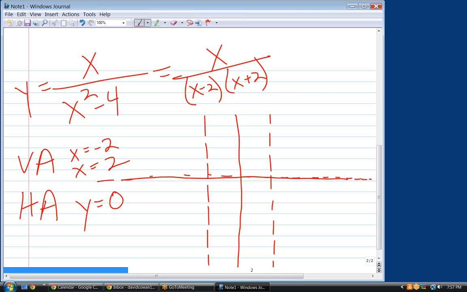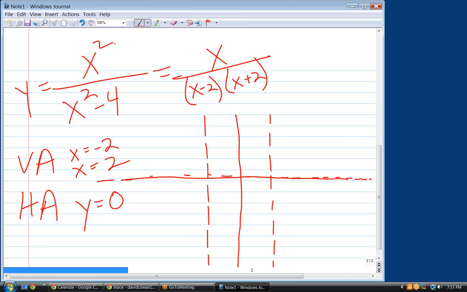There's two other cases, and that would be where the degree of the variable in the numerator is the same as the denominator. In other words, if I had something like that, then the horizontal asymptote is the ratio of those coefficients.